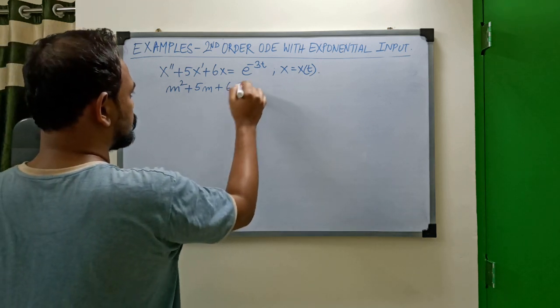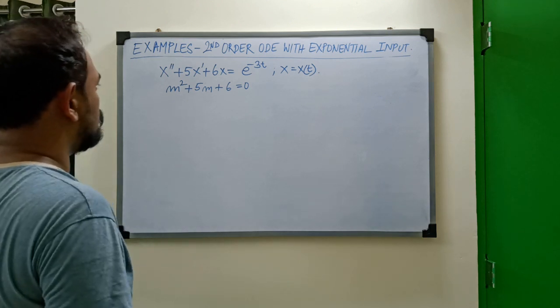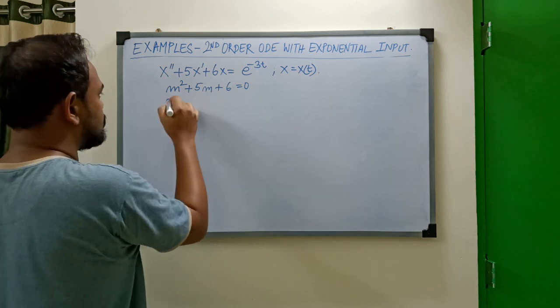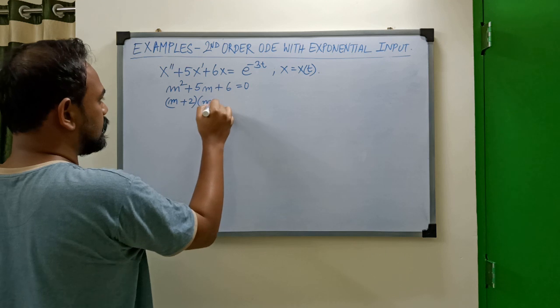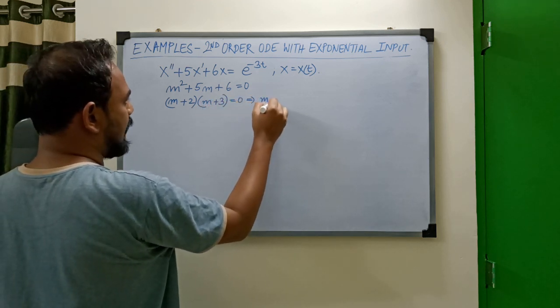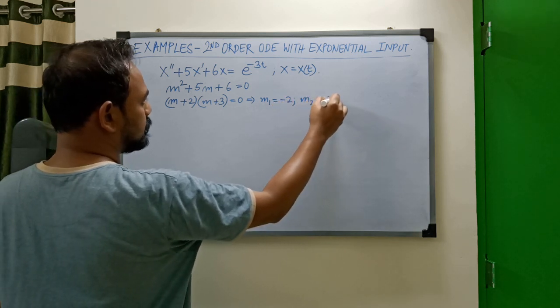This was the auxiliary equation, which is a quadratic equation in the variable m. So what are the two roots of this? Of course, this can be factored into m plus 2 and m plus 3 equals 0. So the two roots are m1 being minus 2 and m2 being minus 3.